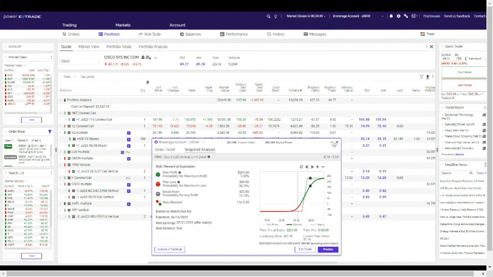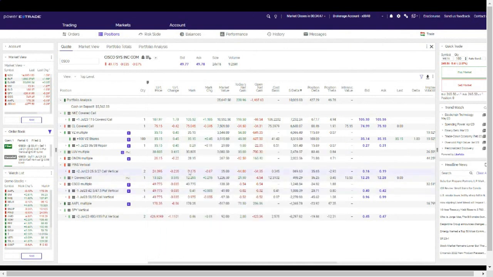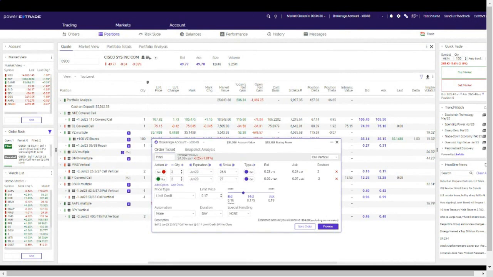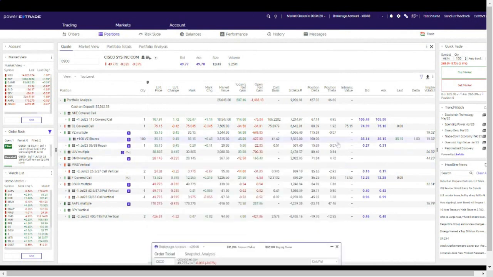So let's say I want to close out one of the two contracts I have. There are two ways to do it. I could click on the bid side of the spread in the position view, 16 cents at 19 cents, and it would bring up closing the spread. I could add to this spread.